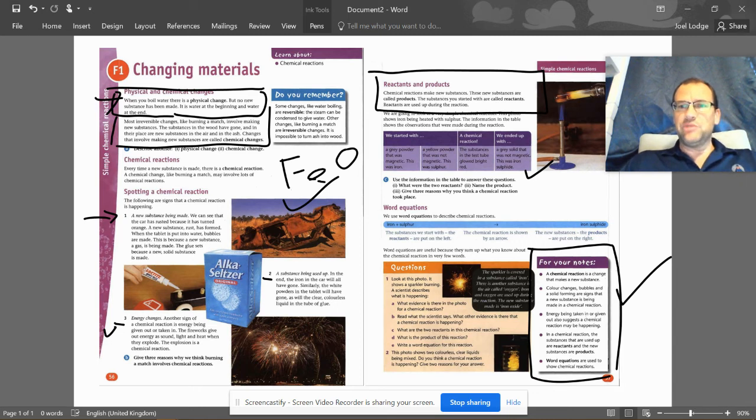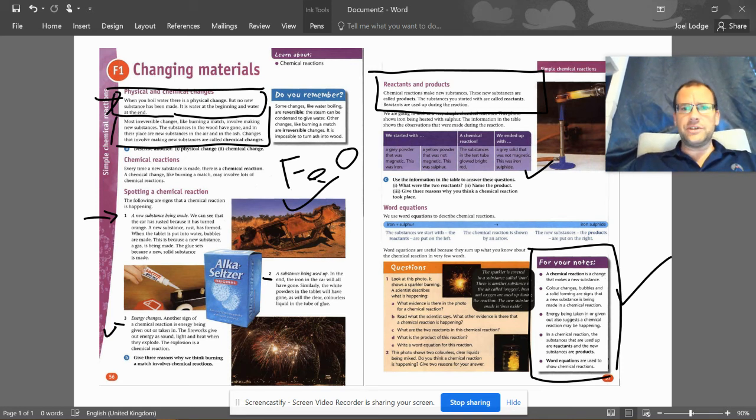Color changes, bubbles, solids forming are signs that a new substance is being made in the chemical reaction. Energy being taken in or given out also suggests a chemical reaction is happening. In a chemical reaction, substances are used up, the reactants, so we get less of those and we get more products being formed. Word equations are used to show chemical reactions.